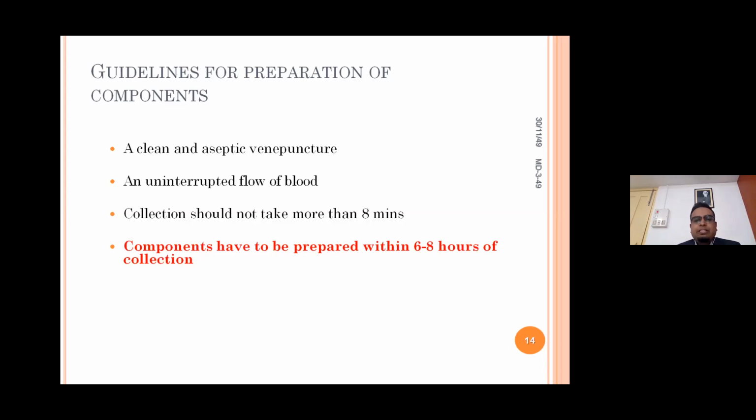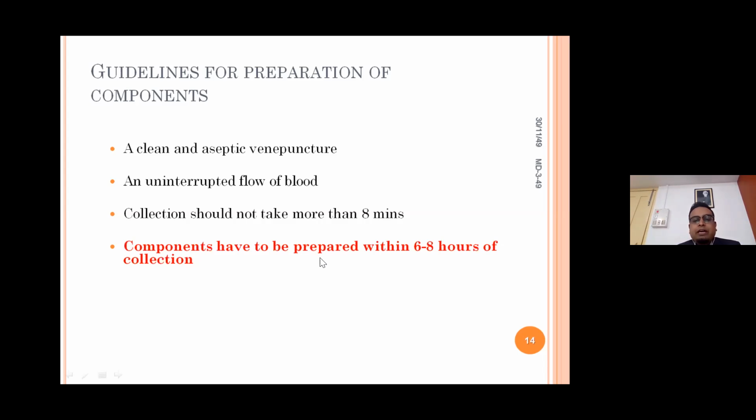But there are a few guidelines for preparation of components. We have to have a clean and aseptic venipuncture. During blood collection, you have to have an uninterrupted flow of blood. Collection should not take more than 8 minutes. If it is more than 8 minutes, we usually do not use that blood for preparation of components; we store it as whole blood.